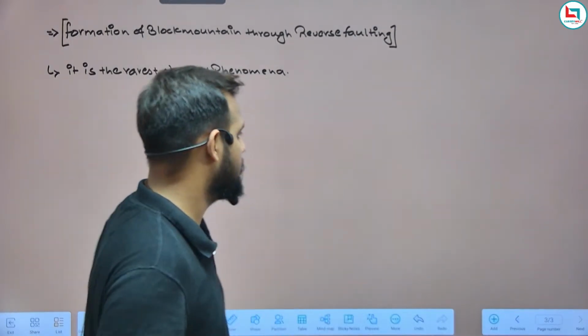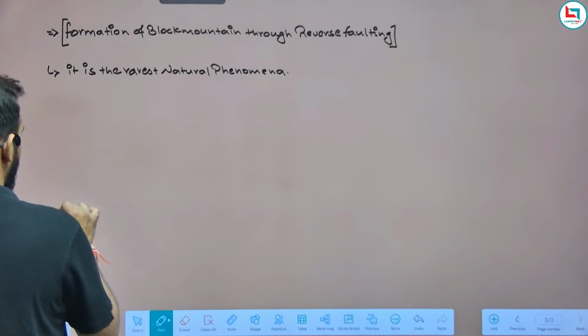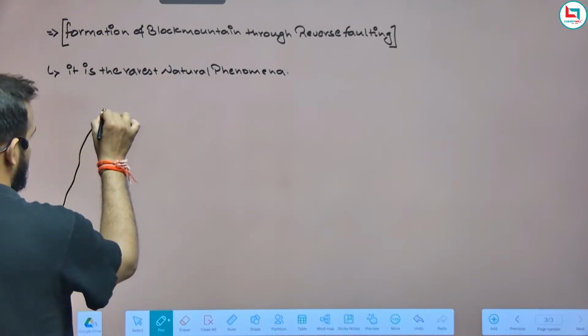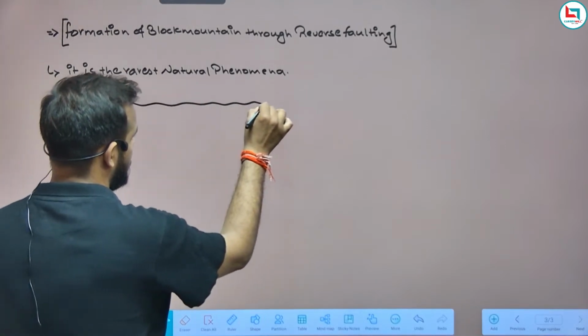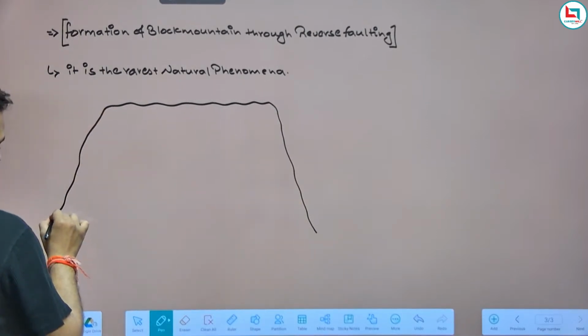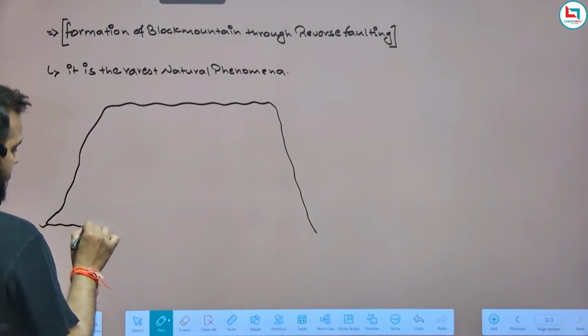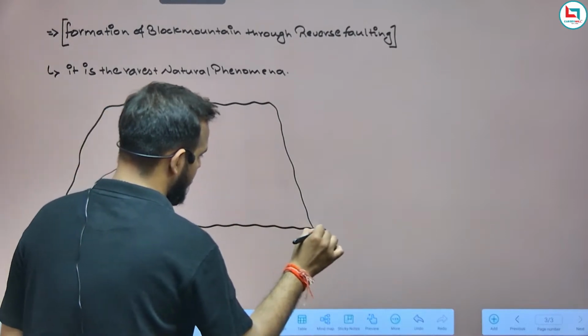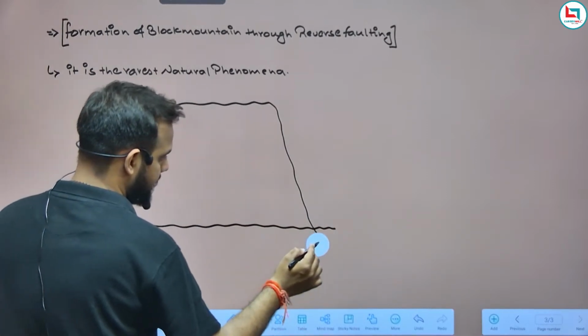So what should be the case? We have the Inselberg. This is the Inselberg. Right there we have the presence of Inselberg.